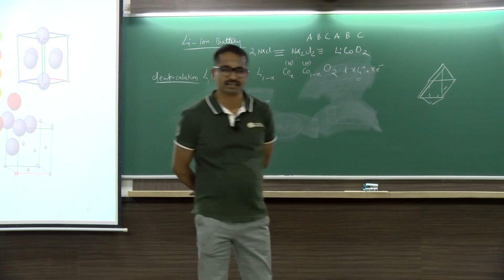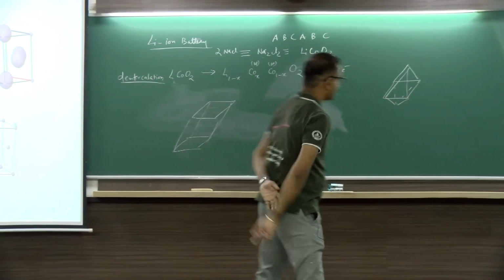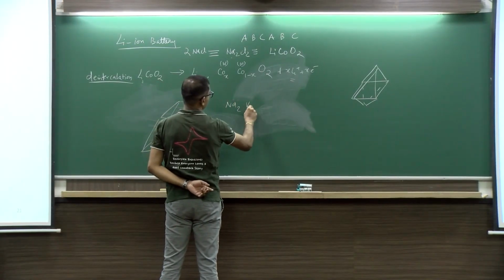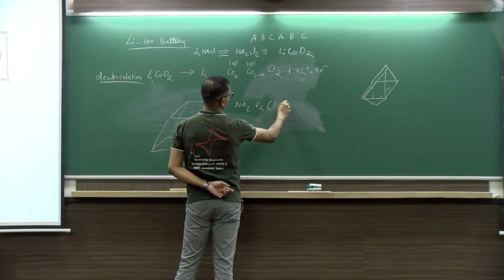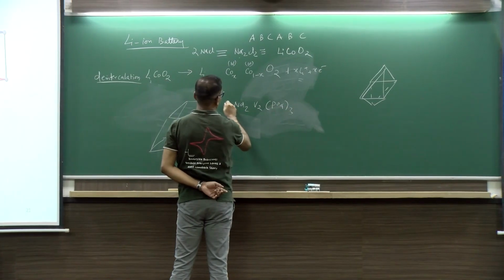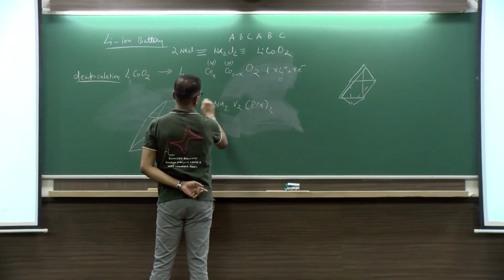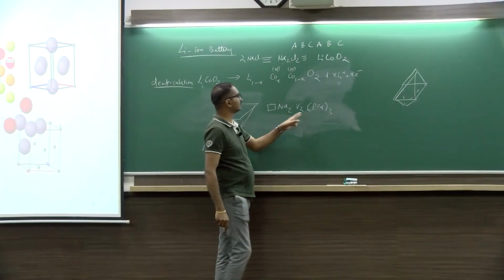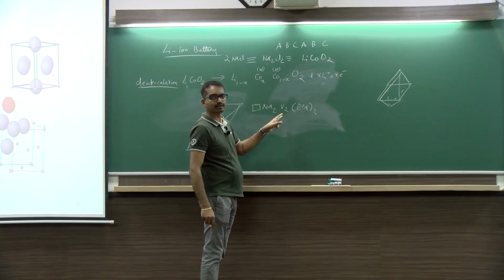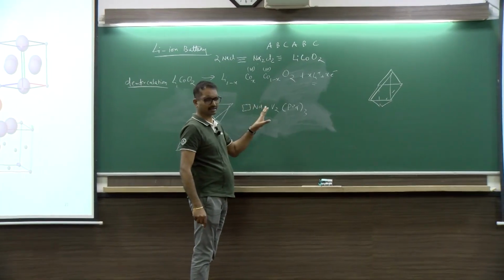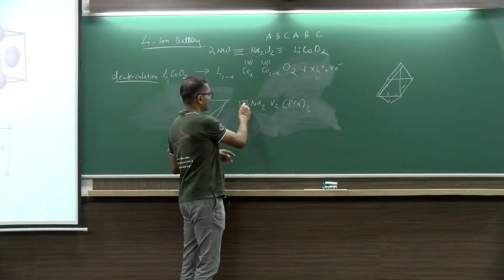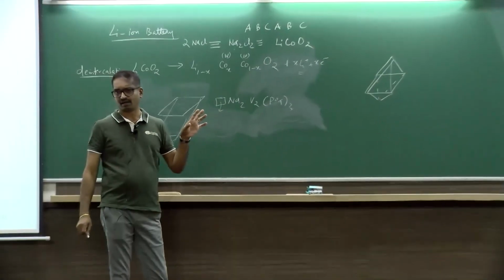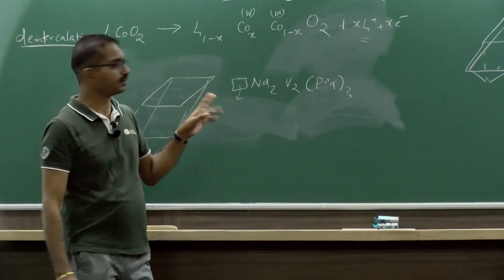There are some NASICON structures, NaSiCon. If I remember correctly, Na3V2(PO4)3. There is a void for sodium also. So these will have sodium in two different environments. I think two of the sodiums will be in octahedral coordination, and this particular sodium will have some higher coordination, maybe 8, I do not remember this one.